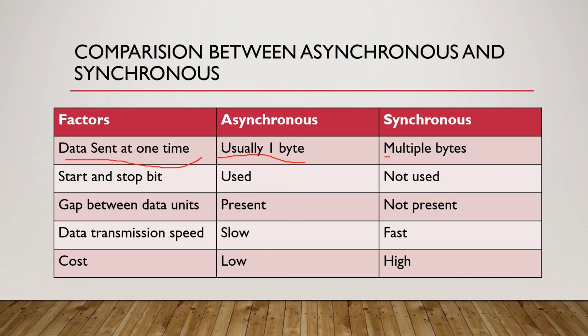In synchronous, multiple bytes will be sent. Then in asynchronous, start bit and stop bit are used, whereas in synchronous they are not used. The gap or idle time is present in asynchronous data transmission whereas it is not present in synchronous.